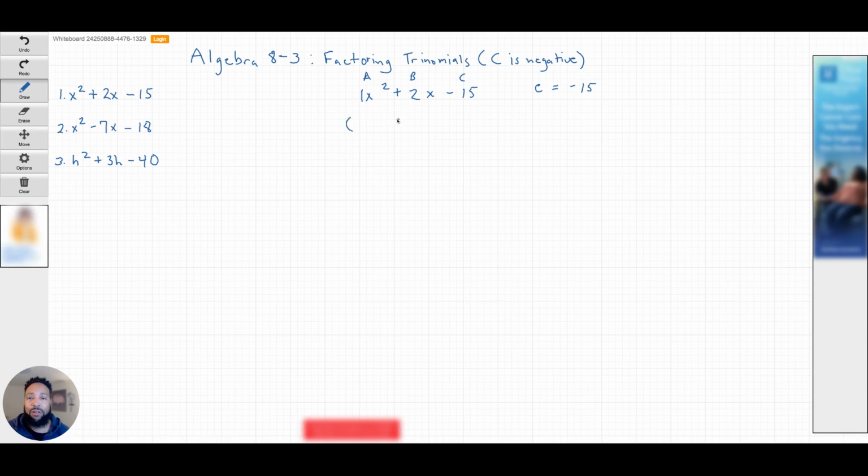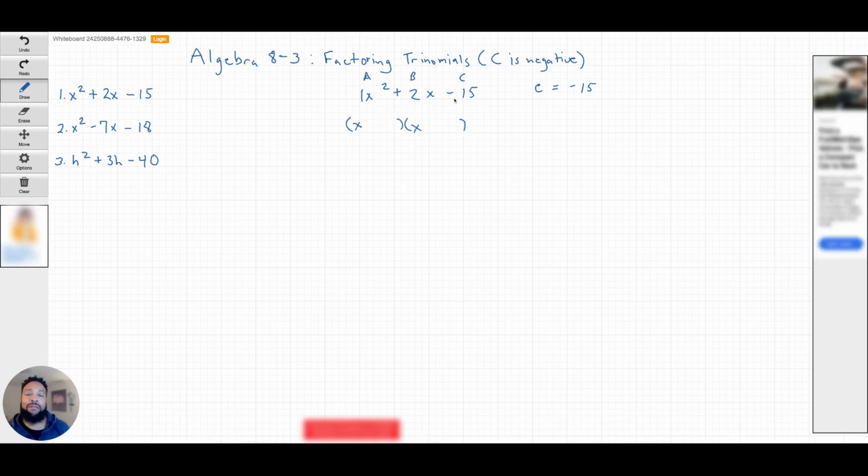So first of all, we have our two parentheses. We know from the FOIL method that our first variable is going to be x. So we're looking for two numbers that when you multiply them, you get negative 15, but when you add them, you get 2.